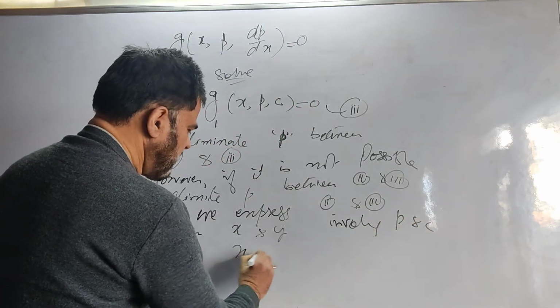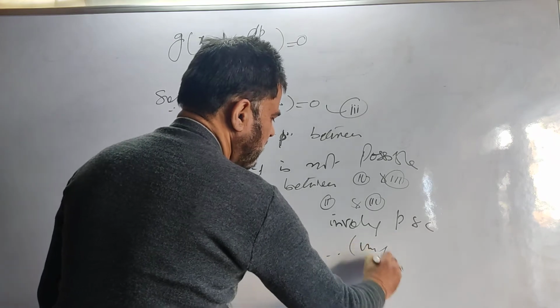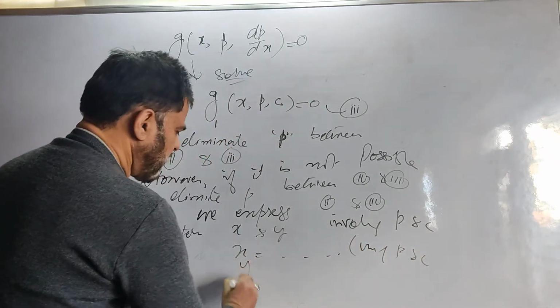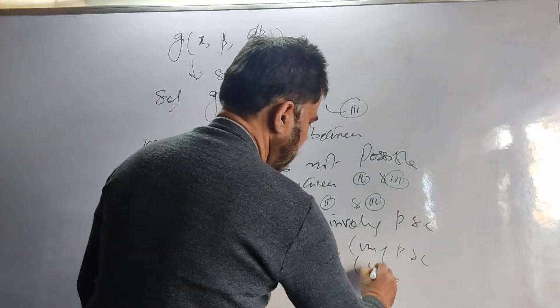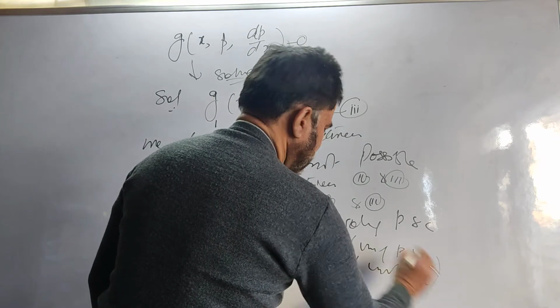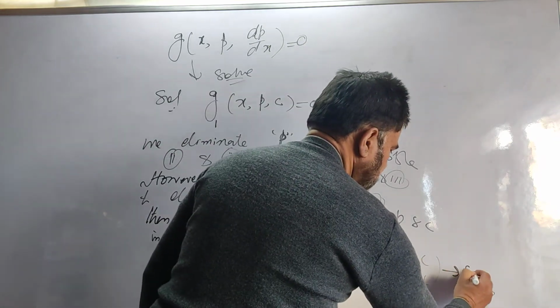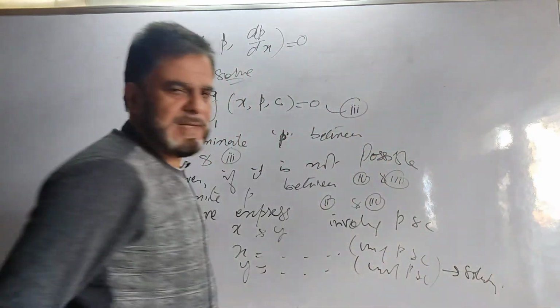We write x is equal to something involving p and c, and y is equal to something involving p and c. That will be the solution. In this case we say this is the solution.